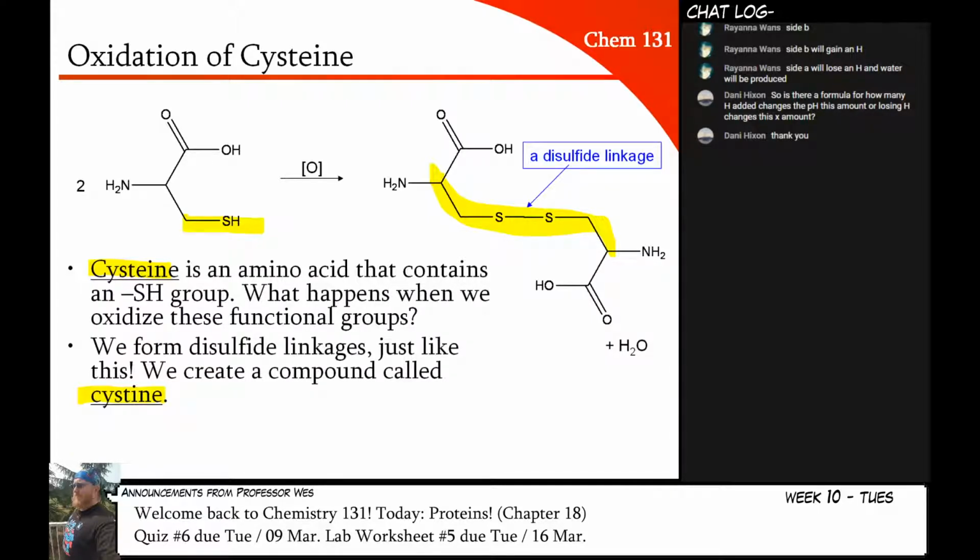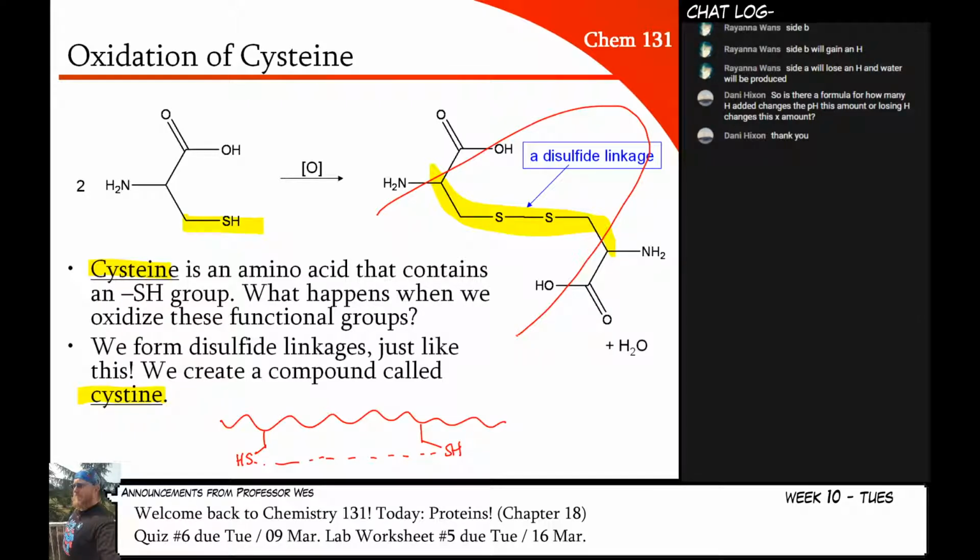Now, if you can imagine a situation where I have a bunch of amino acids chained together, and one of them happens to be cysteine, and then somewhere over here, another one happens to be cysteine, you could imagine a situation where I could connect these two together. For example, if my amino acid chain went like this, right?